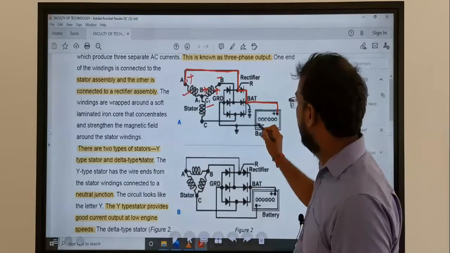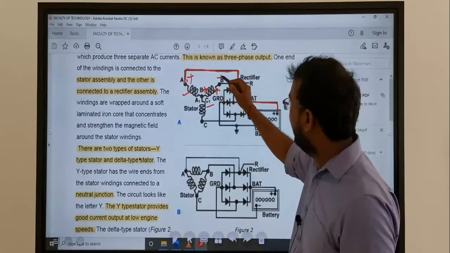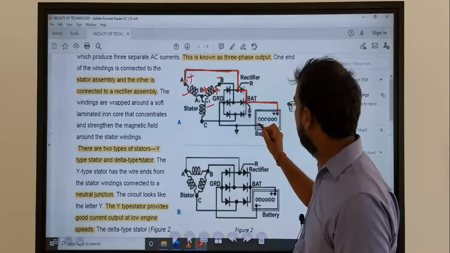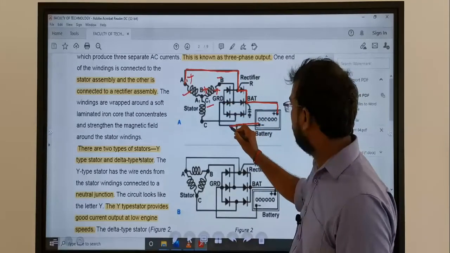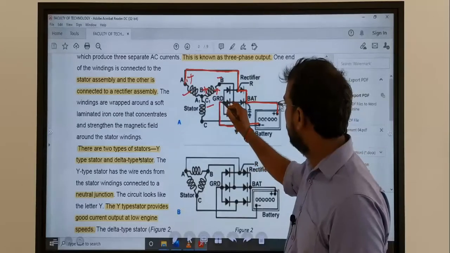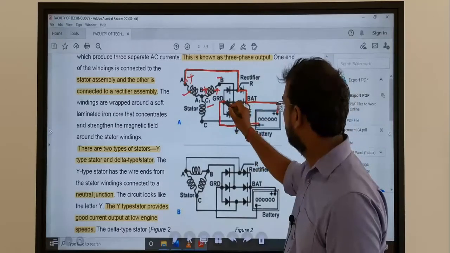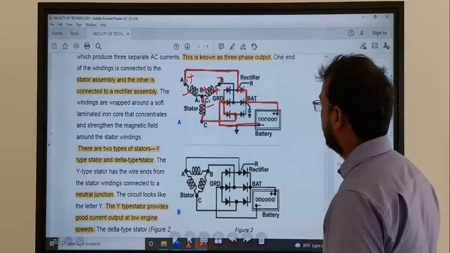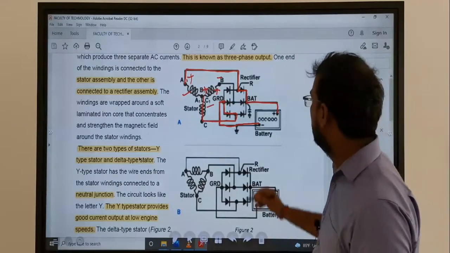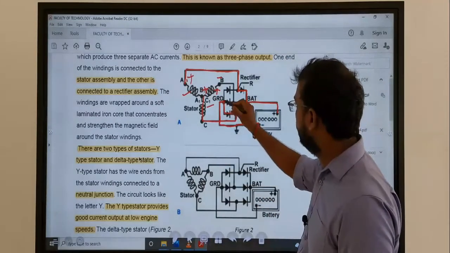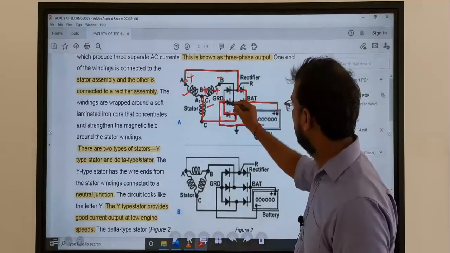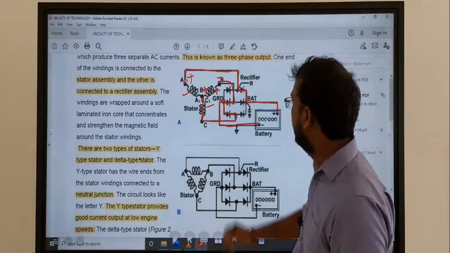Then where does it go? It can go here or here; there are two ways. First it goes like this. Then the same also goes here, the second time.